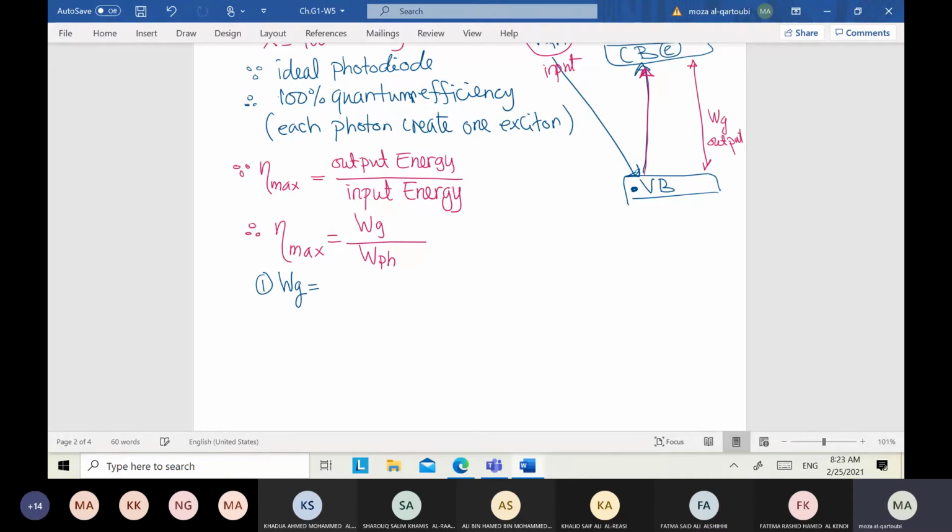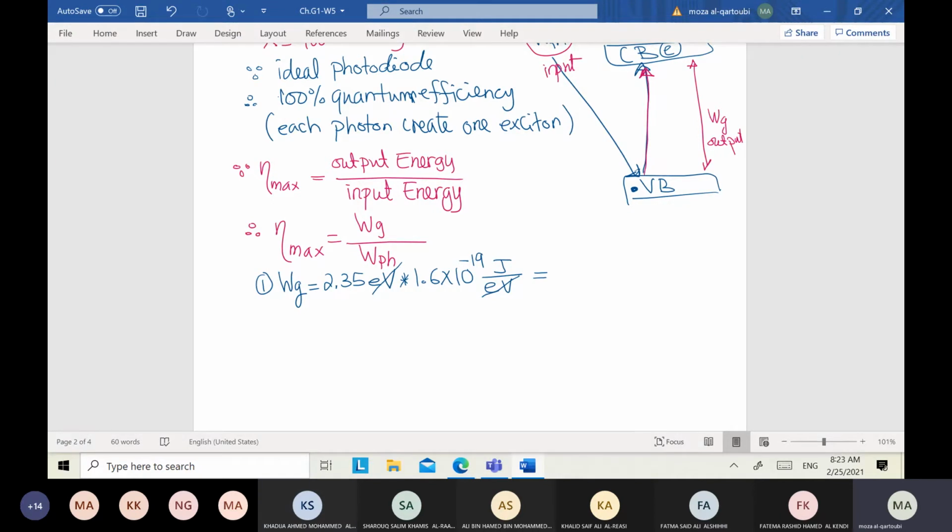This value equals 0.35 electron volt. How to change electron volt to joule? Multiply by Q, 1.6 times 10 to the power minus 19, in joule per electron volt. So electron volt will cancel, and we find Wg in joule.